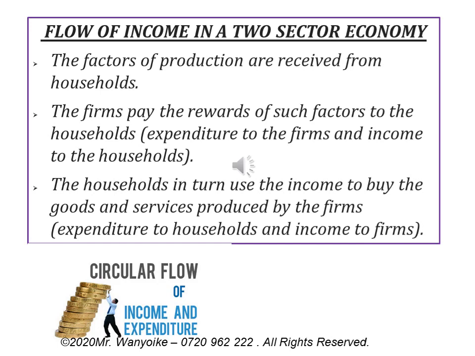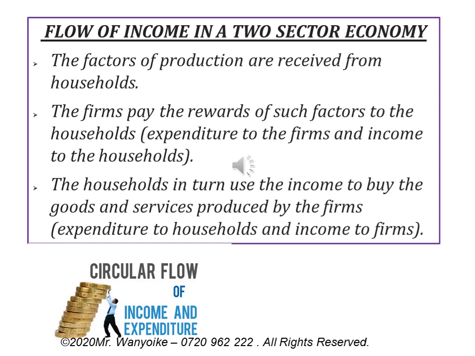How does the wealth flow? So here it is assumed there are only two players, the households and the farms. And the farms are the ones that are making goods. And for them to make goods, they need factors of production from the households. So it is a cycle where the wealth is flowing.